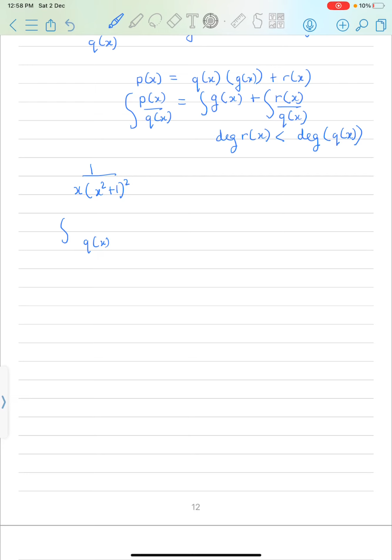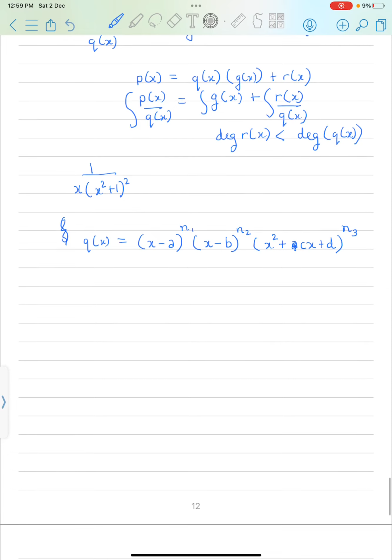First you have to make sure that P(x) has less degree than Q(x), then after that factorize Q(x) into linear factors, let's say x minus a, then x minus b, and quadratic factors like x square plus cx plus d. Suppose our Q(x) is like this.